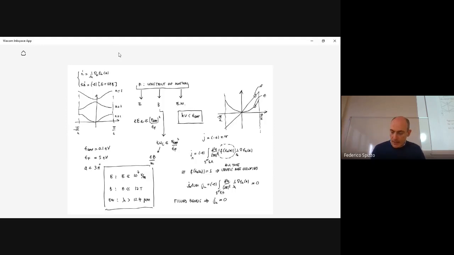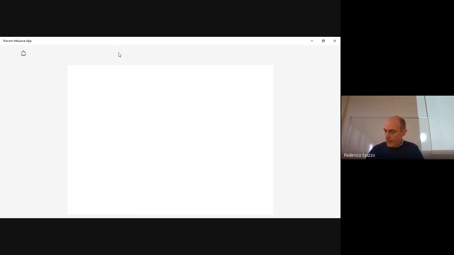And as we saw when we discussed the number of electrons that can be found in one Brillouin zone, one Brillouin zone is able to contain 2N electrons.